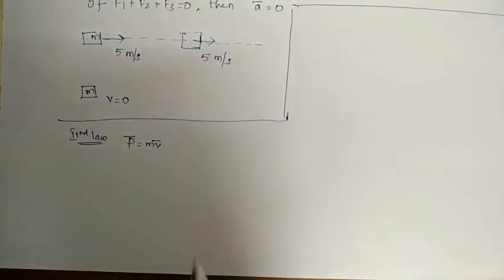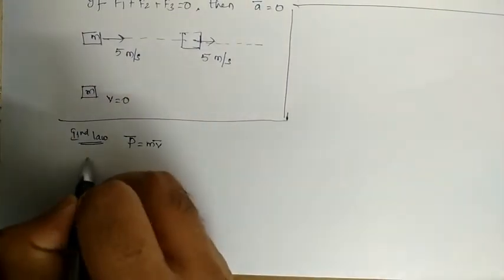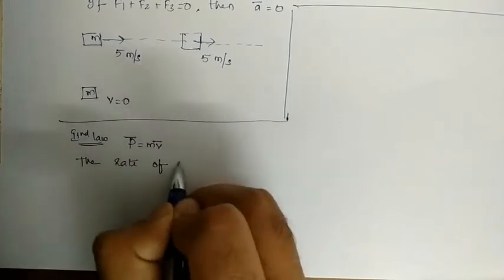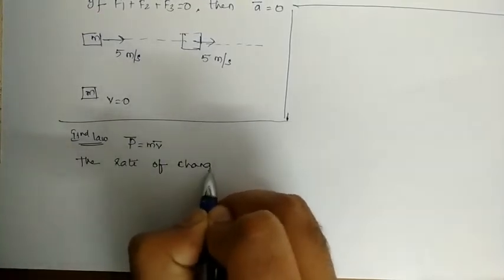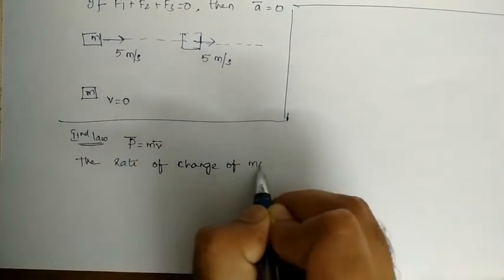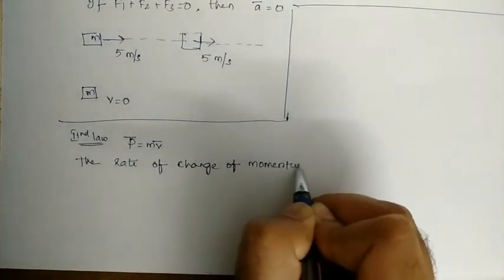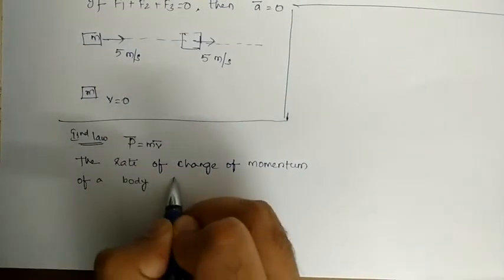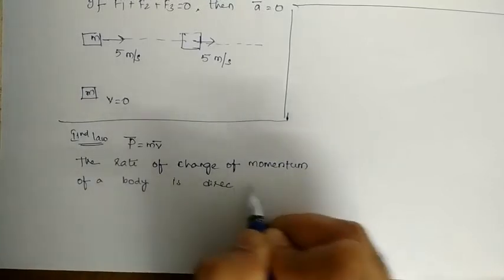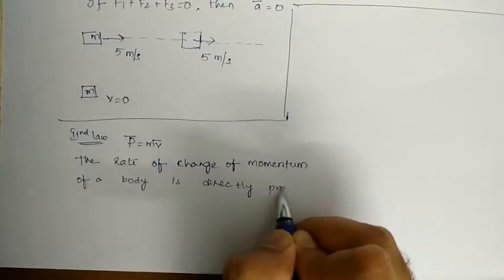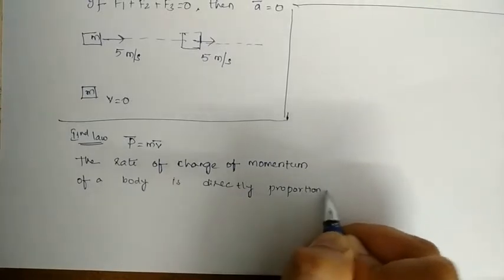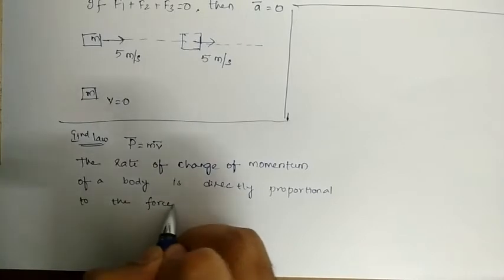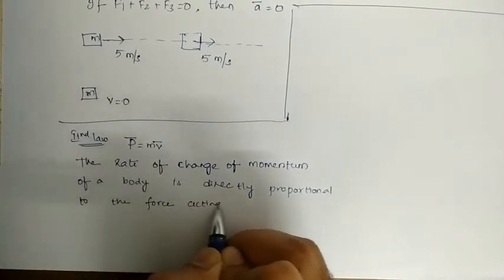We can define Newton's second law this way: the rate of change of momentum of a body is directly proportional to the force acting on the body.